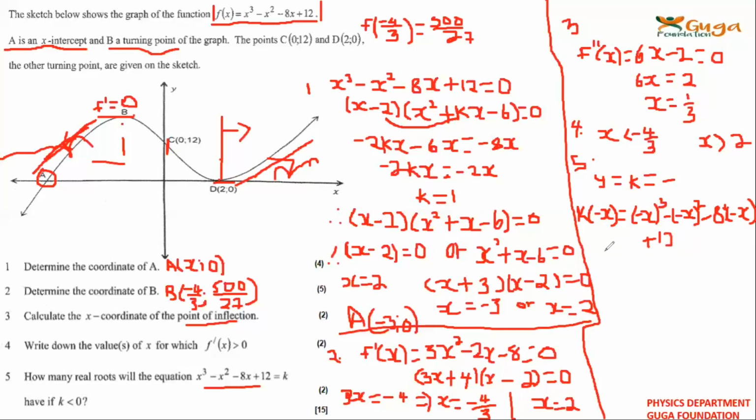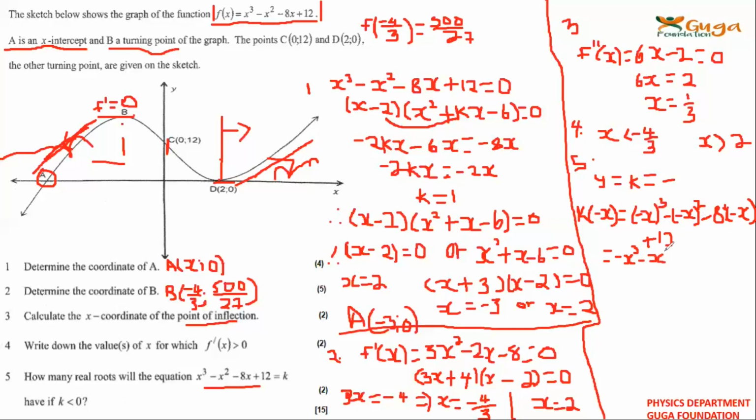So all that will equal negative x cubed, then negative x squared.